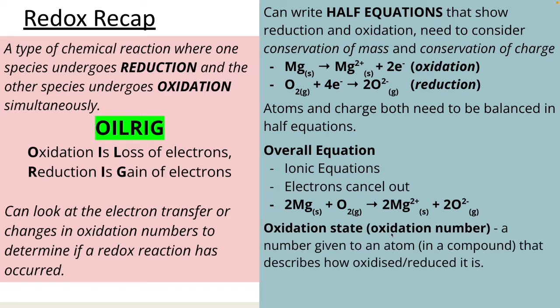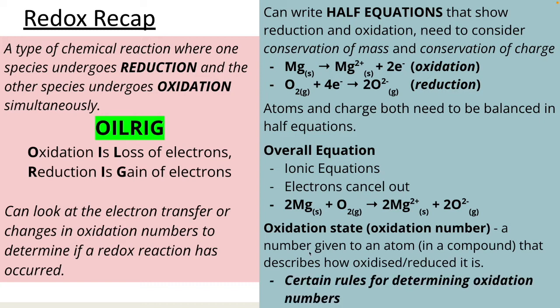So we're showing that redox process, and we can confirm that we have a redox reaction by checking the oxidation states, the oxidation numbers, which is a number that we give to an atom in a compound that describes how oxidized or reduced it is. And we have a whole bunch of rules for determining what the oxidation numbers are.